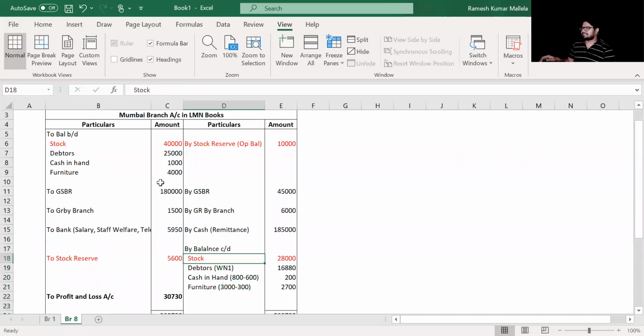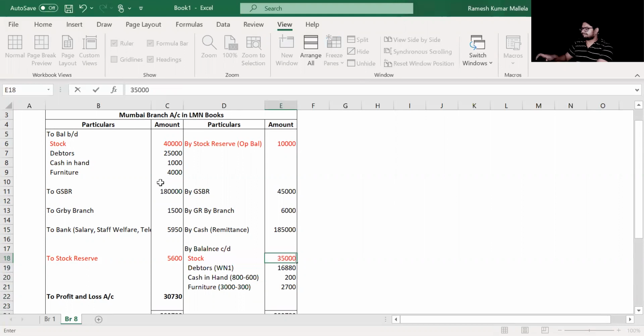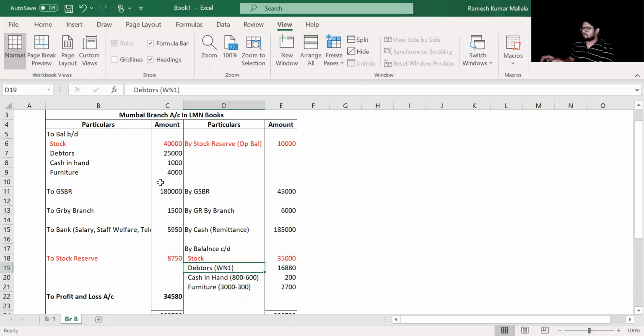Closing balances: stock, he says the value is 35,000. Against this stock, I'm immediately adjusting for the stock reserve also, which is 25%, which is 8,750. Debtors, let us do a small working note.